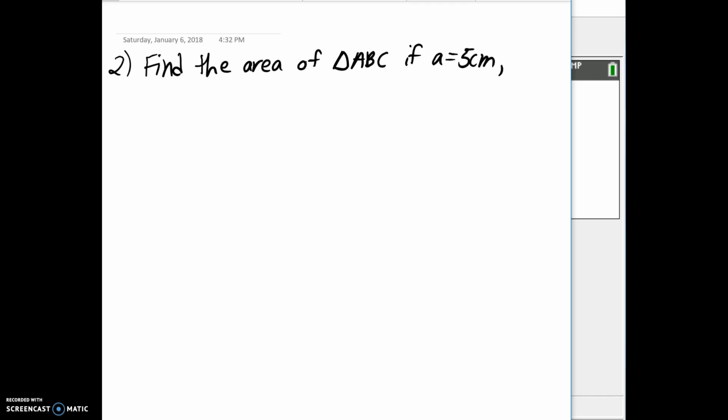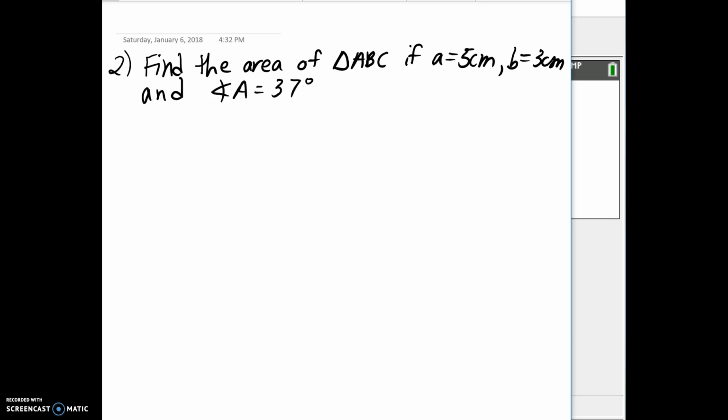So example 2, find the area of triangle ABC if side A equals 5 centimeters, side B equals 3 centimeters, and angle A equals 37 degrees.